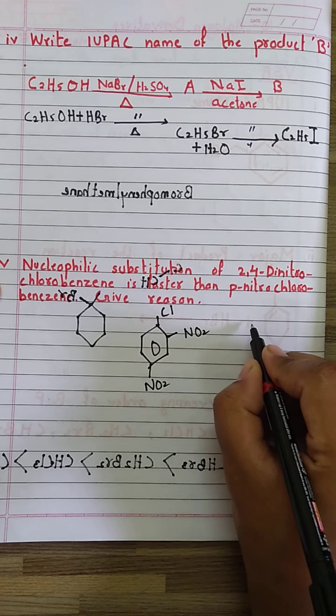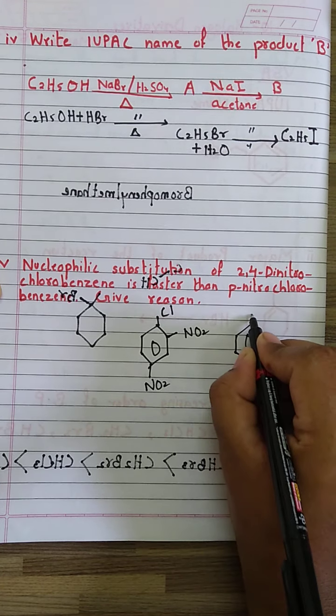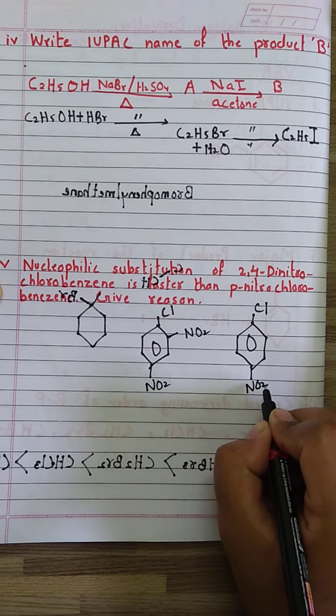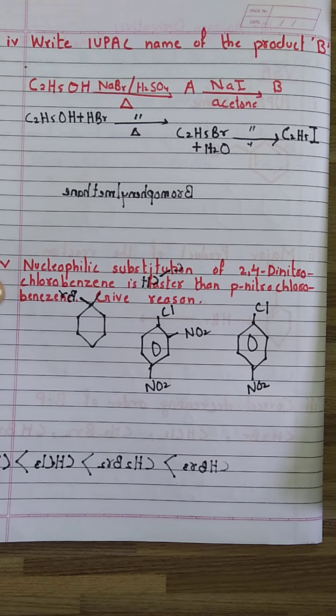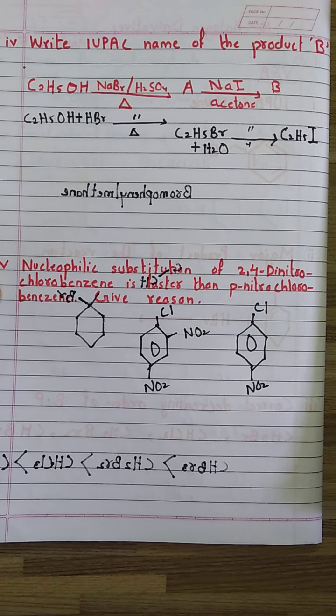When you compare it with the para-nitrochlorobenzene, you will find that an electron withdrawing group is present only at para position. So due to the presence of more electron withdrawing groups in case of 2,4-dinitrochlorobenzene, the resonance effect gets destabilized and the reaction can easily take place.